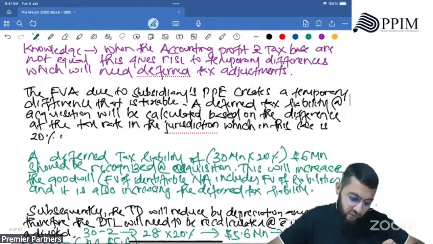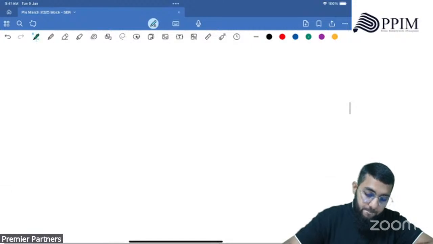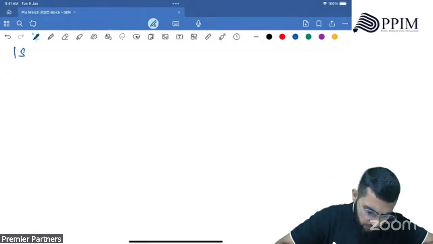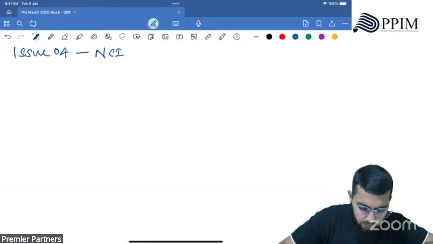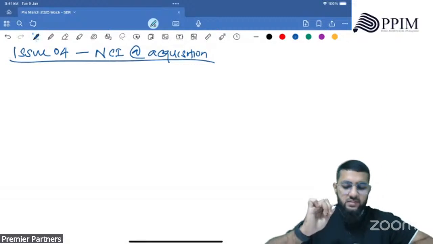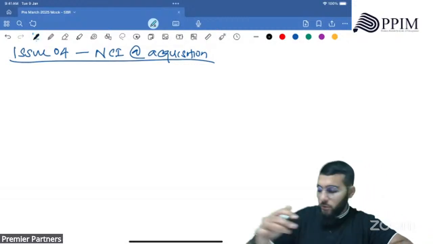Then the final issue, issue number 4. Right, NCI acquisition is the issue number 4.